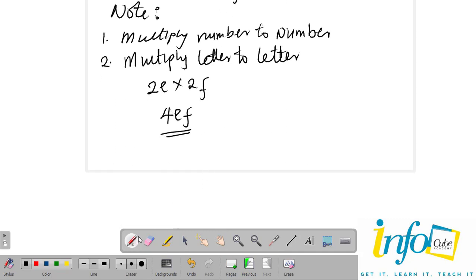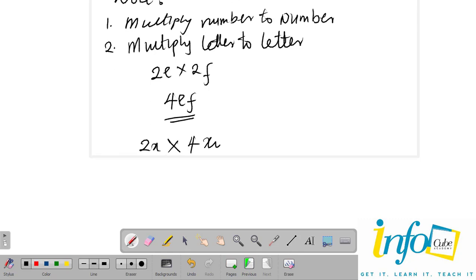Alright, let's have another one so that you understand better. You have 2x times 4xy. So how do we solve this? Number to number. So 2 times 4 is what? Gives you 8. In this case, you have 2 letters, x and y, xy. The x multiplies this x to have x squared. And then with this y, you will now put the y.